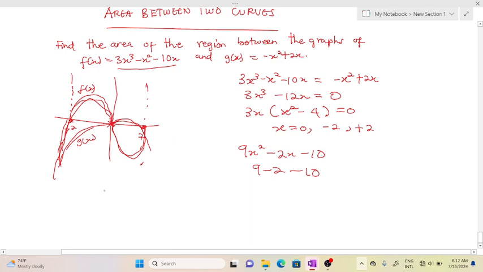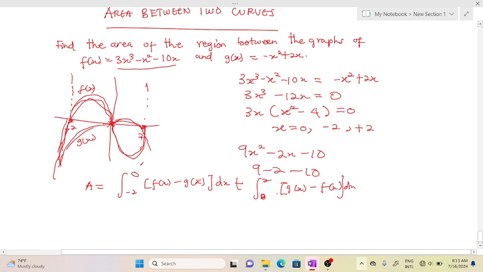So I'm going to have my total area equal to the integral from negative 2 to 0 of f of x minus g of x, plus the integral from 0 to 2 of g of x minus f of x dx.